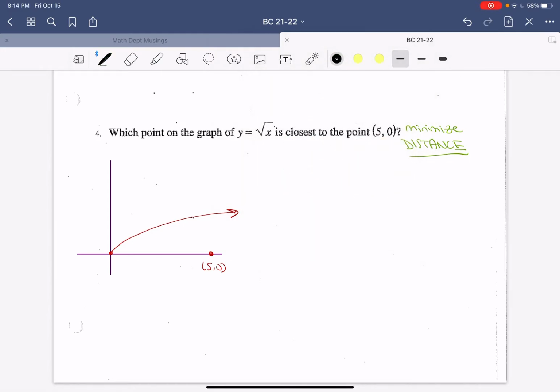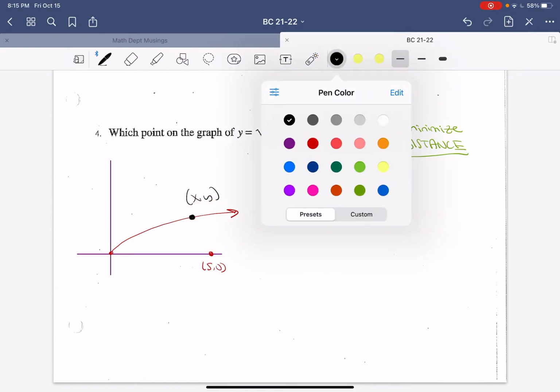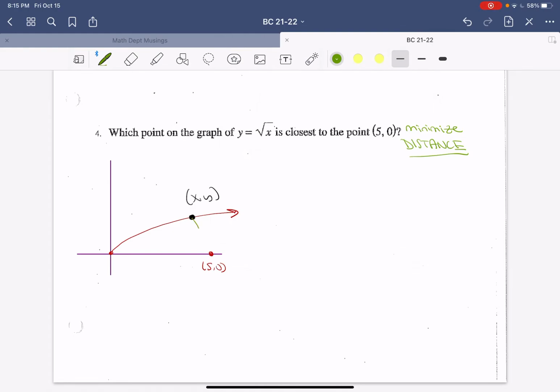So I'm just going to put a point here. That point is (x, y), some point. The question is, what are the values of x and y that will minimize that distance d? Okay? So right away, you know that we're trying to minimize d.